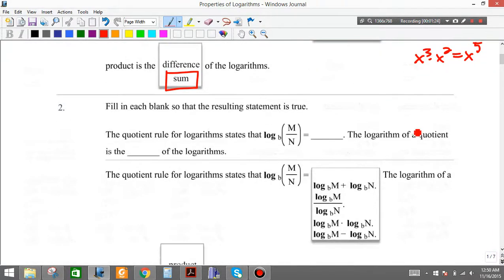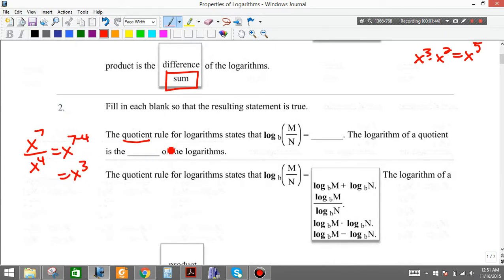And as you might expect, for the quotient, in other words, for division, something analogous happens. So the log of m over n, again, if I had x to the seventh over x to the fourth, the log is the power. And so the quotient of common bases results in you subtracting the powers.